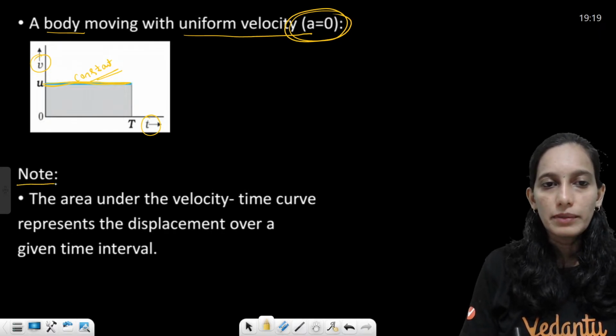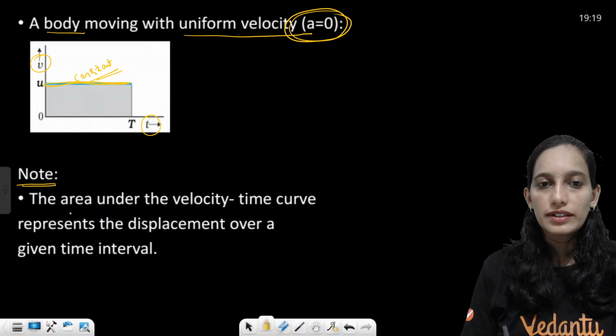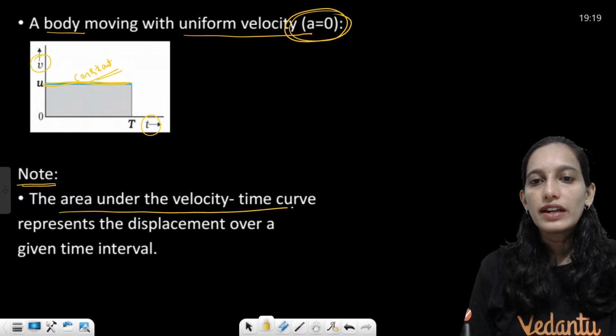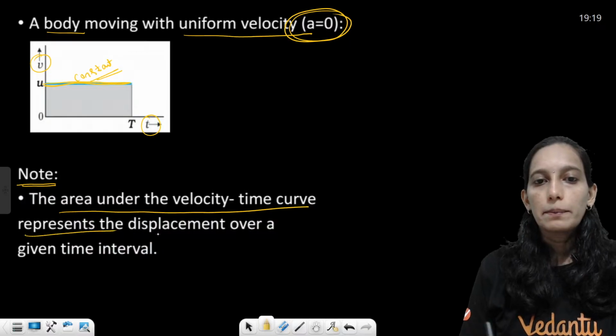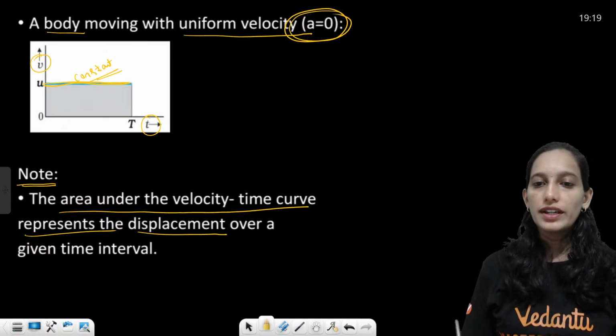Now we are coming to one important point which I am going to give you, that is the area under the velocity time curve represents the displacement over a given interval of time. This is very very important.